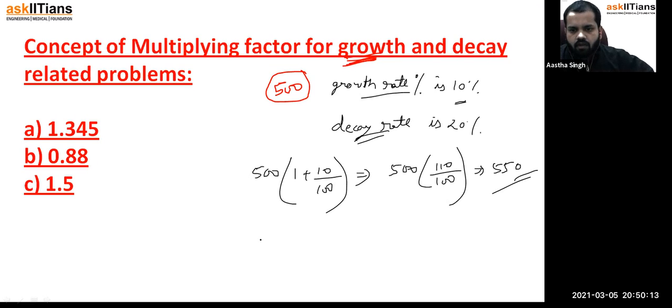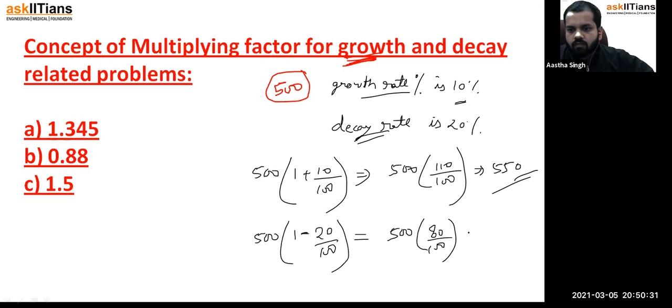Second point, your item was 500 and the decay rate is 20. In decay rate, its value decreases, it means minus 20 by 100. So it is 500 into 80 by 100. This is 400, right?